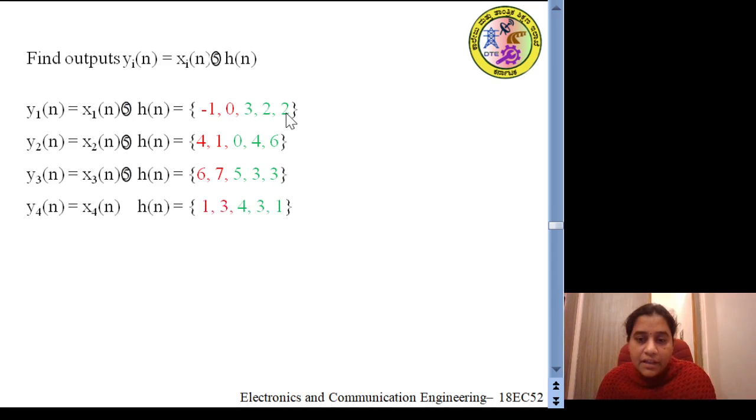The last output block consists of 1, 3, 4, 3, and 1. This is because of 5-point circular convolution of x4 of n with h of n.